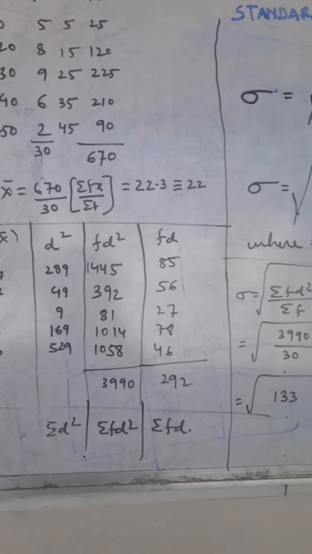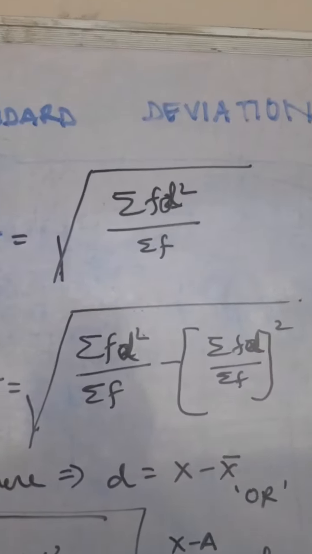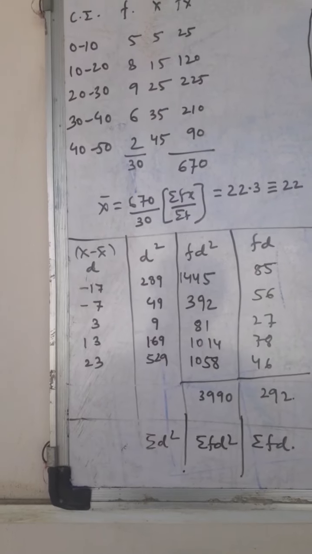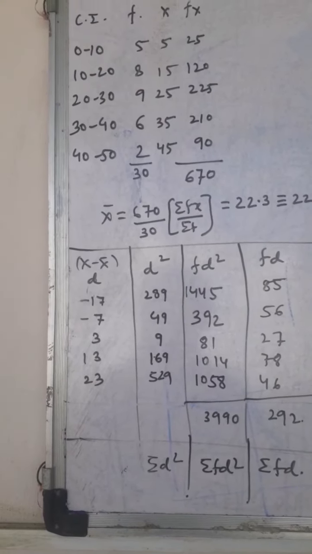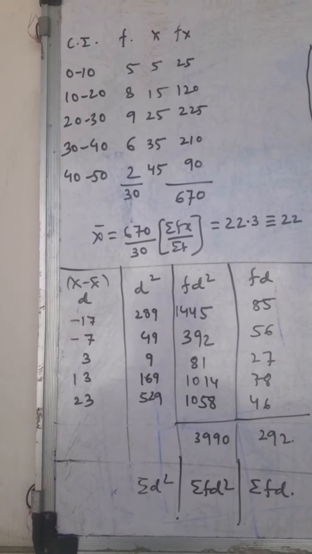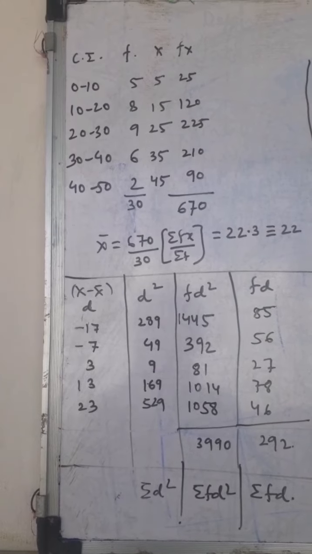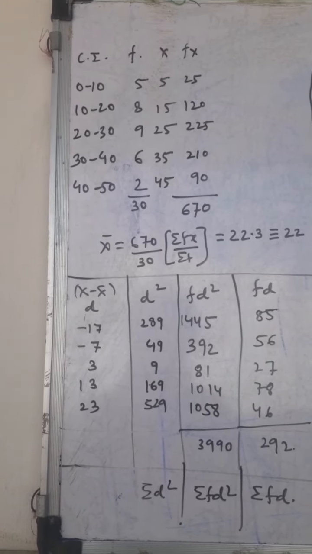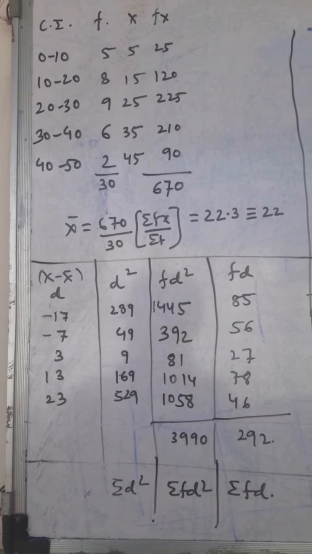Now as per the formula, we need fd square. So fd square is f 5 into d square 289, f 8 into 49 of d square, 9 into 9, 6 into 169 and 2 into 529. So you have got fd square.